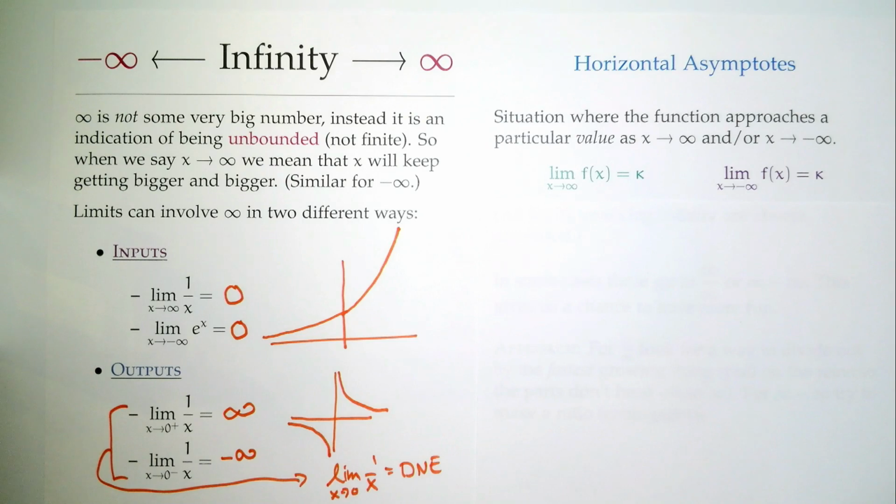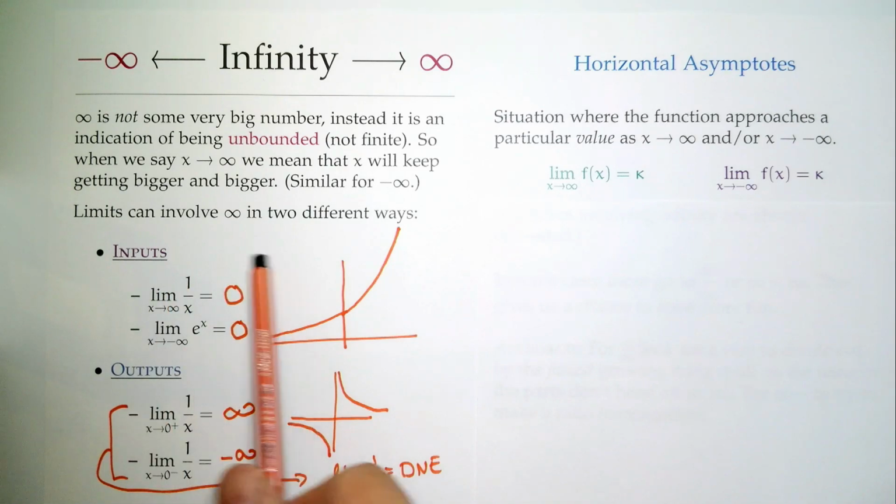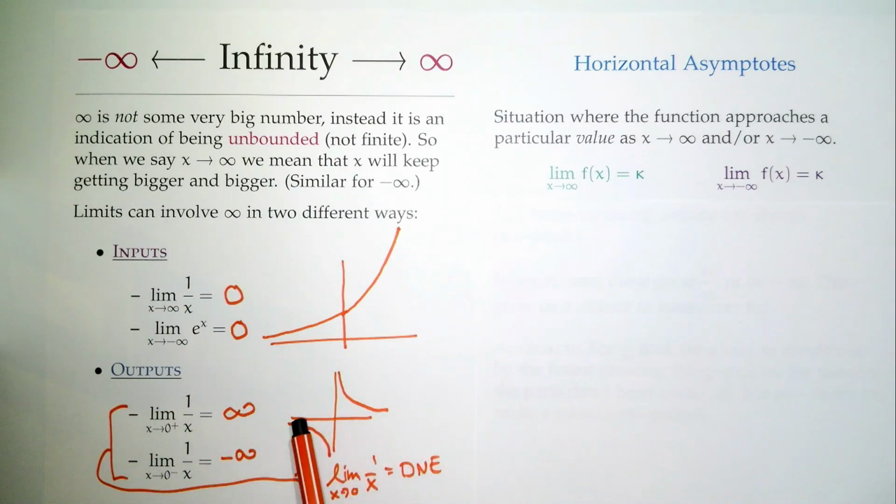So that means that you get to check. As an example, look at our inputs. 1 over x has a horizontal asymptote of 0 as you head towards plus infinity. That's what this first statement says. If you look at e to the x, it has a horizontal asymptote as you head towards negative infinity. What about positive infinity?